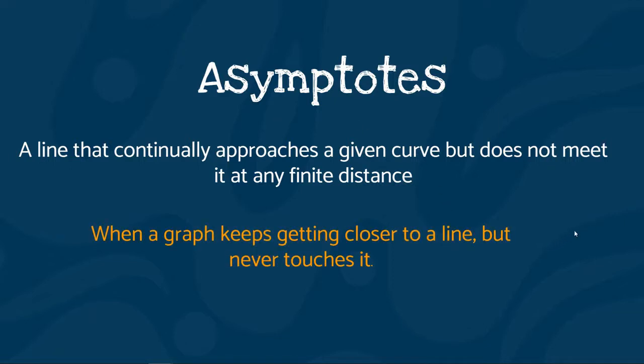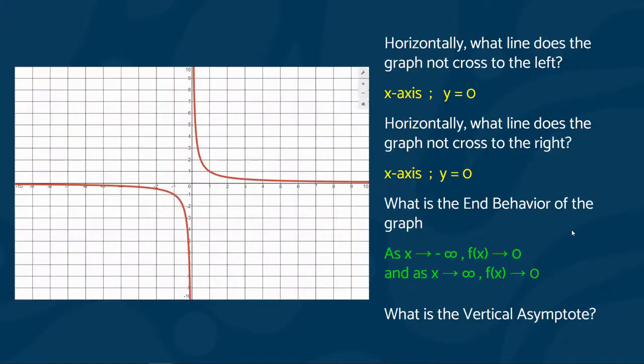So when a graph keeps getting closer to a line but never touches, that's kind of a synopsis. So horizontal, what line does the graph not cross from the left? If your horizontal is like the horizon, think of the x-axis as a horizon line. And what is this approaching?